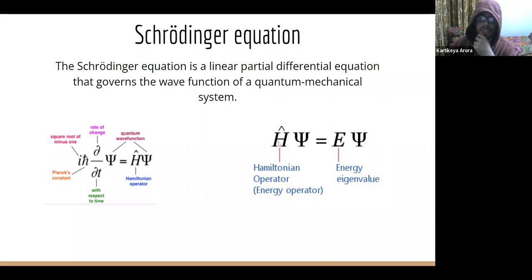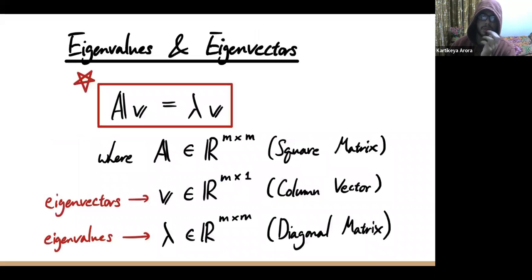The operator H here is the Hamiltonian operator, which describes the total energy of the system. It works in a way that if we have a wave function denoted here by psi, and we apply the Hamiltonian operator on it, we get the energy eigenvalue times psi, the wave function, back. This is similar to what we call eigenvalues and eigenvectors.